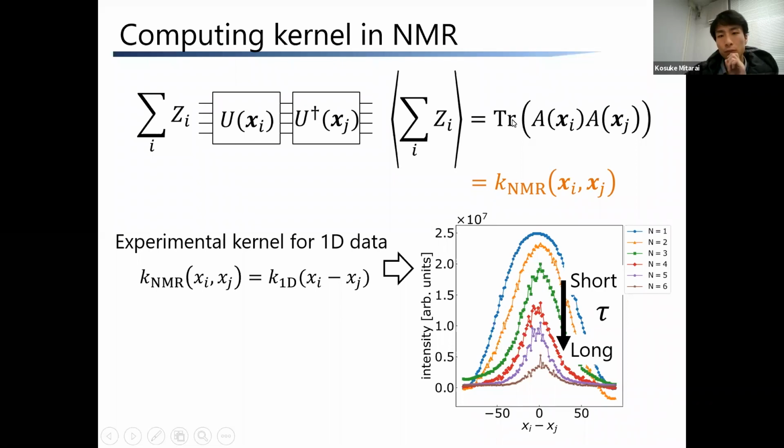Yes, so we define this inner product in the operator space. This is right. This is an inner product in the operator space. So we define this as a kernel, and we do this experiment, and we get something like this.